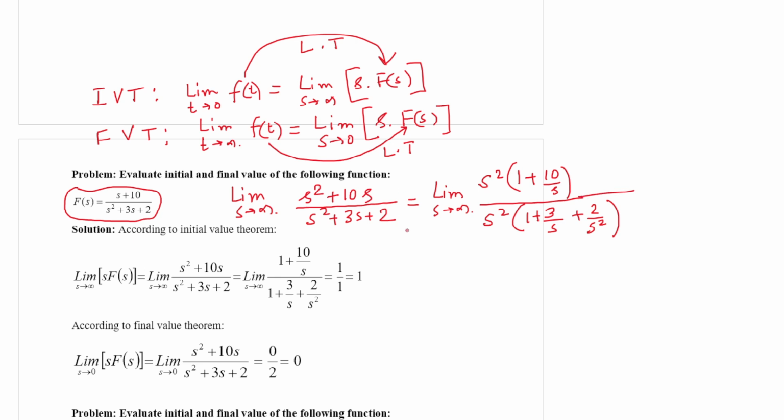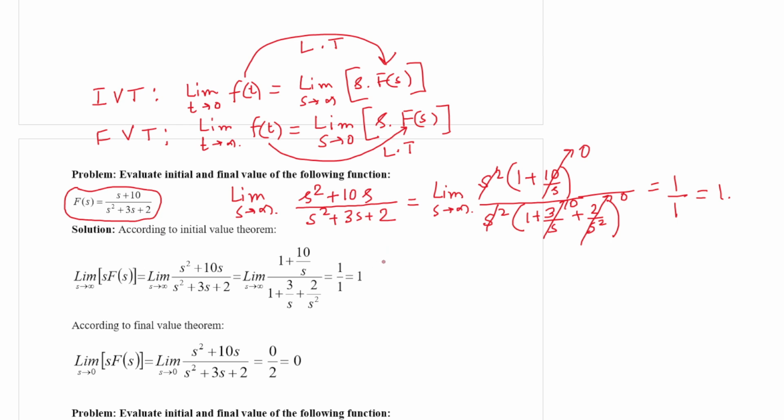Now as s tends to infinity, 10 by s goes to 0, 3 by s also goes to 0, and 2 by s square also goes to 0. The s square and s square cancel out, so it will be 1 by 1, which is 1. So the initial value of this function is 1.